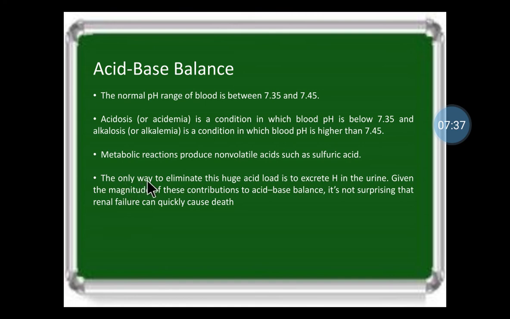The only way to eliminate this huge acid load is to excrete the hydrogen ion in the urine. Given the magnitude of this contribution to the acid base balance, it is not surprising that renal failure can quickly cause death due to the saturation of this sulfuric acid in the body.